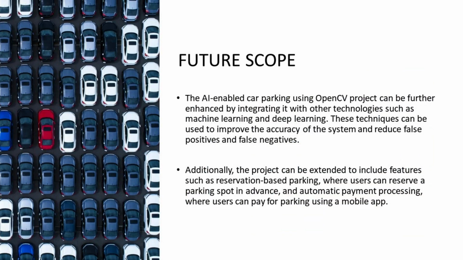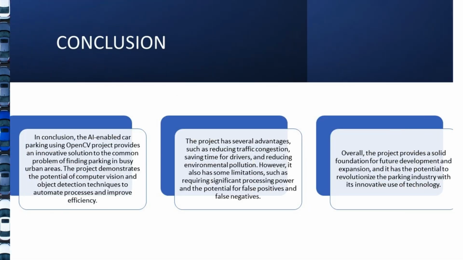Future scope: the AI-enabled car parking using OpenCV project can be further enhanced by integrating it with technologies such as machine learning and deep learning. Additionally, the project can be extended to include features such as reservation-based parking.